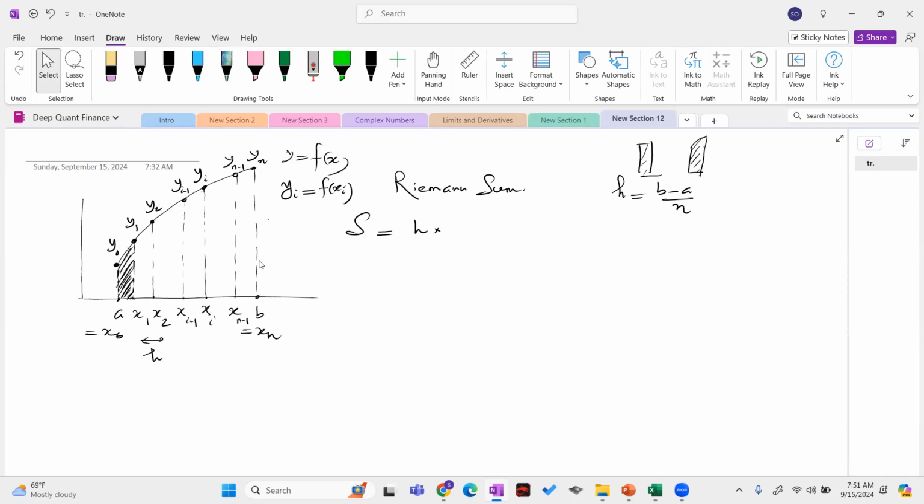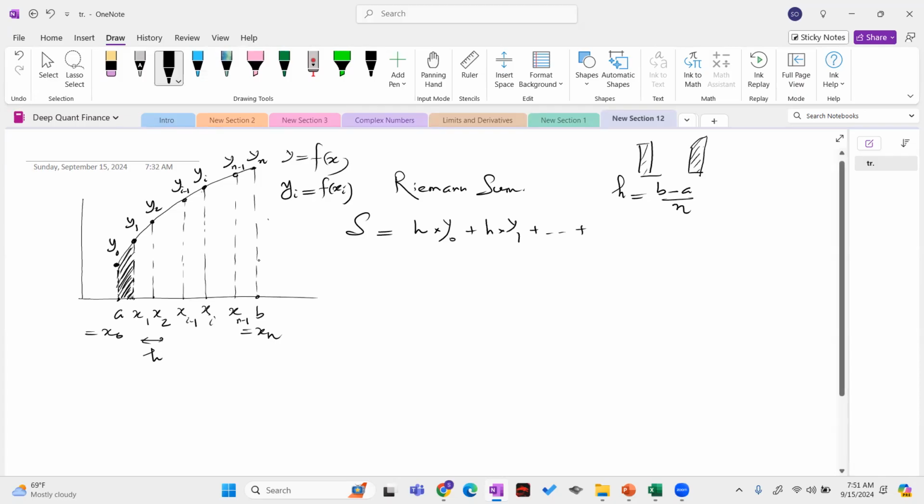Okay? So let's say we take the left one as the height of each and every rectangular strip. So the first area would be h times y0. Second one would be h times y1.